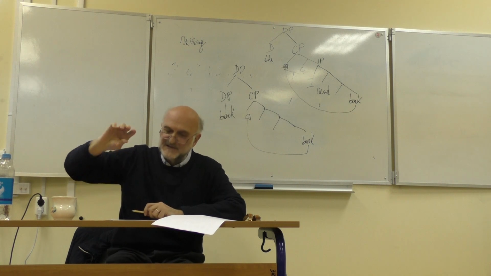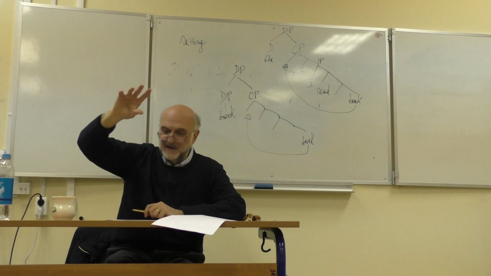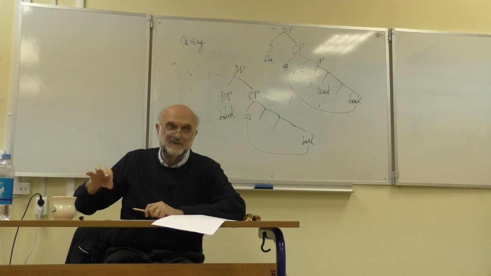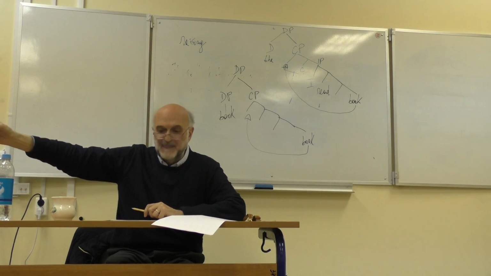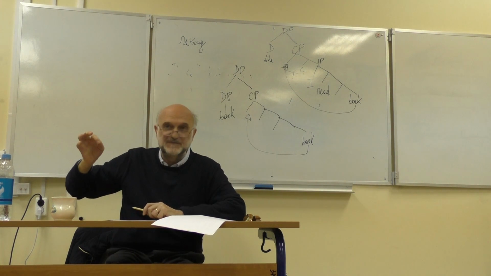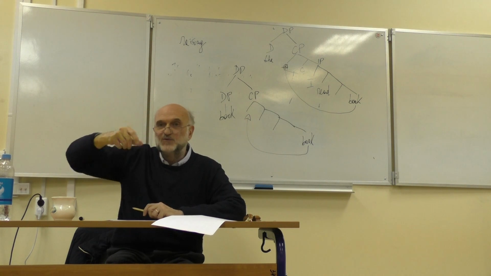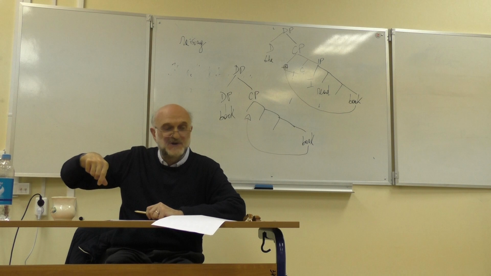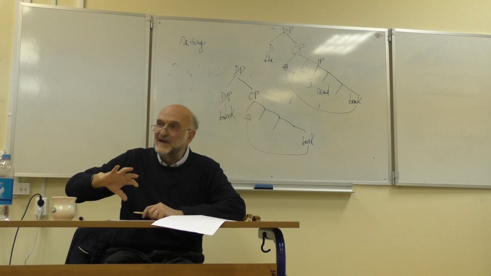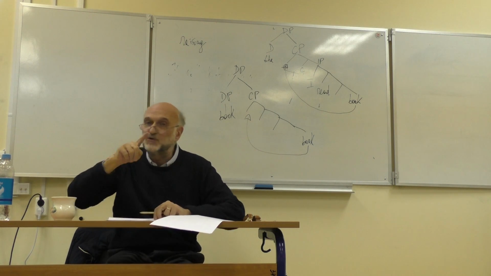Now the consequence is that the head that you hear, the overt head, is no longer directly connected to the internal position. It's connected to the external one. So you should not expect reconstruction with respect to, for example, a quantifier, with respect to himself, with respect to an idiom chunk, and so on. Depending on the language, you may or may not have sensitivity to islands if the internal head also moves.